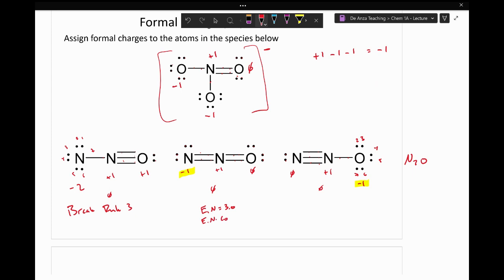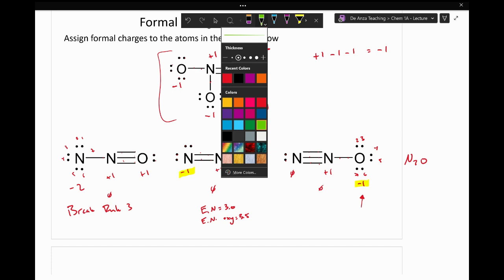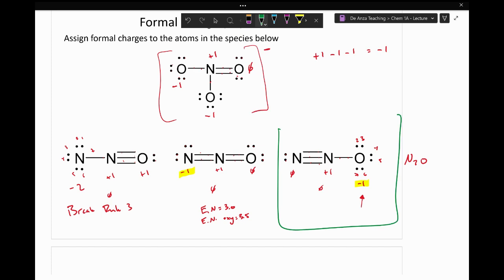So this is oxygen, 3.5. So in that case, we favor putting the negative charge on the oxygen over the nitrogen because it's more electronegative. So we would say that our preferred structure here is going to be this one right here because it minimizes formal charge and it puts that -1 formal charge on the most electronegative atom.